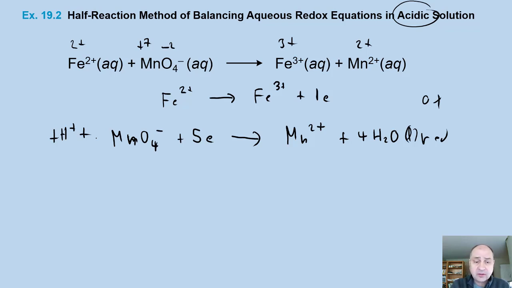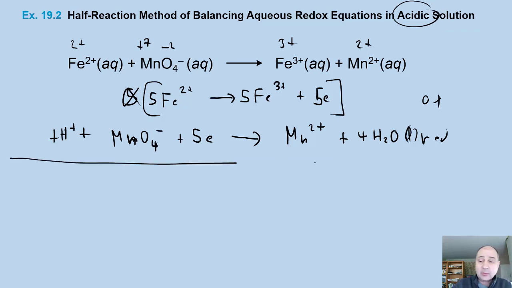The next part is to balance the electrons. So we need to multiply the iron reaction by 5, which of course means we get 5 iron 2+ ions, 5 iron 3+ ions, and then 5 electrons. So now we can pull it all down and add them together.